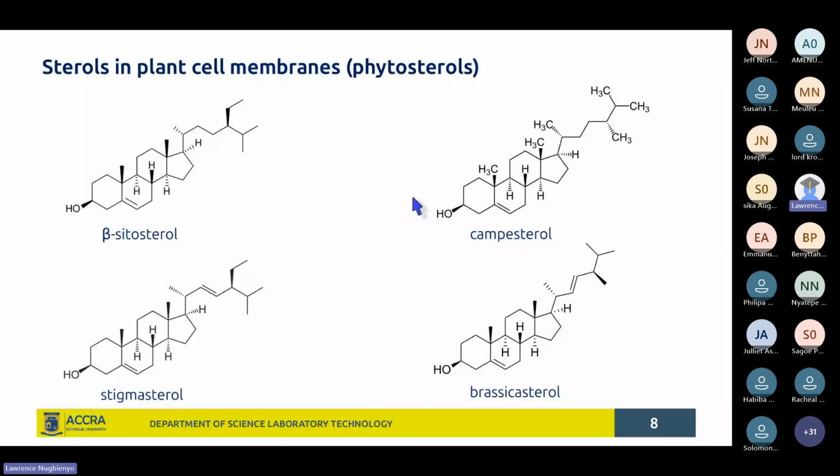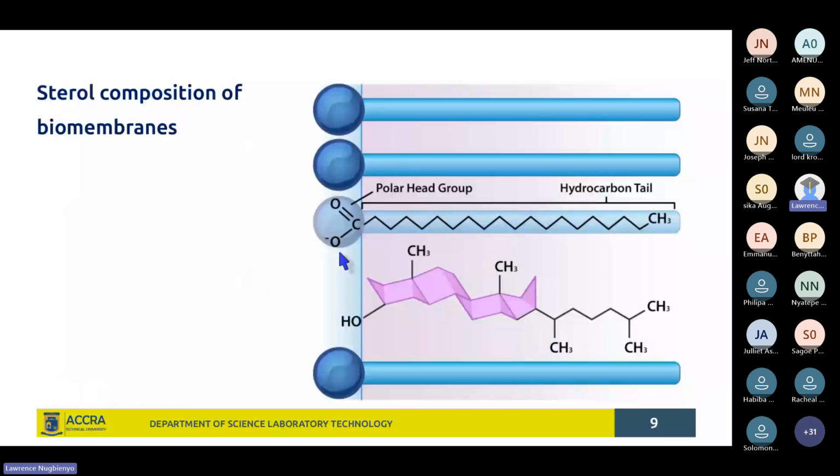Now we can move on and speak much more about how the cholesterol and, generally, sterols, because we are not speaking only of animal biomembranes, but also of plant membranes, because as we've seen, you have different types of sterols in addition to cholesterol, which you find in animal cells.